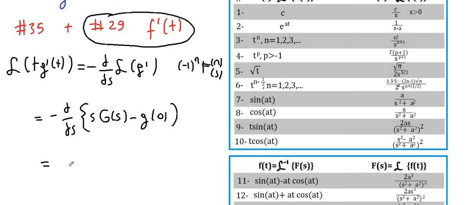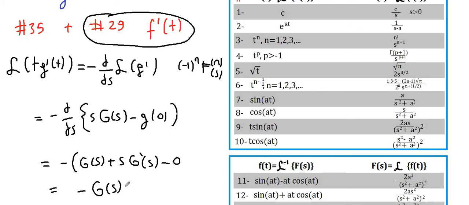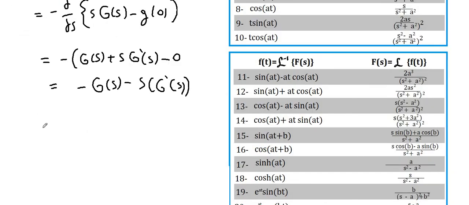So we can rewrite this as negative g of s plus s g prime of s minus 0, and that is going to be equal to negative g of s minus s g prime of s. So this is our final answer: negative g of s minus s times g prime of s.